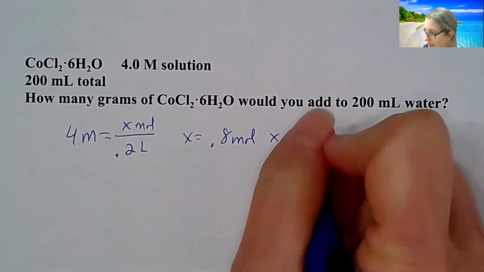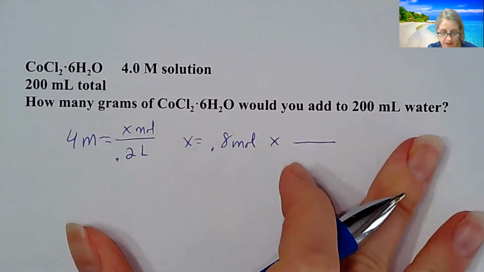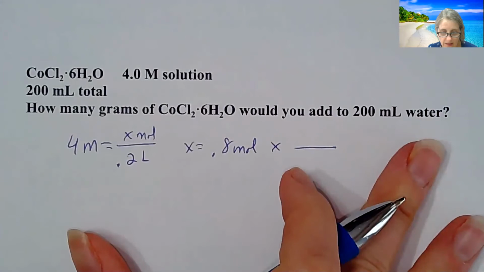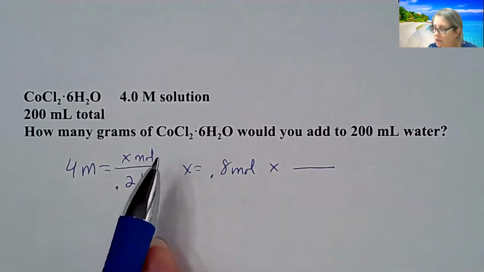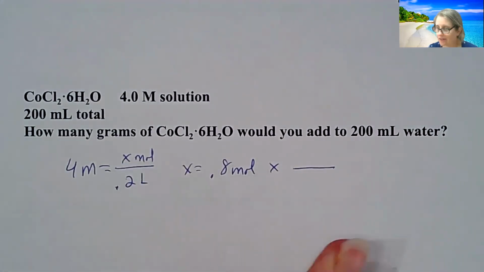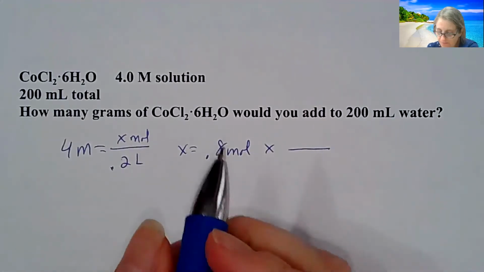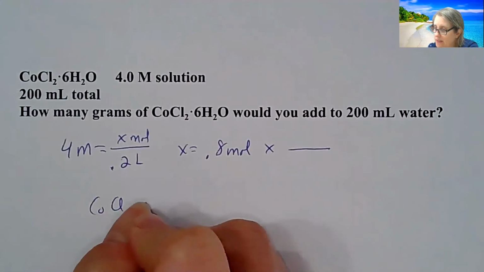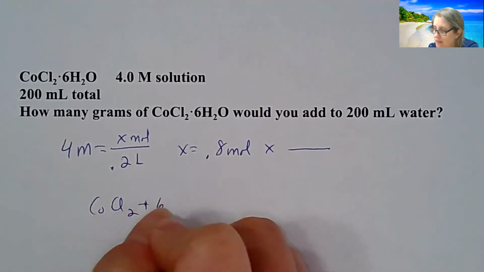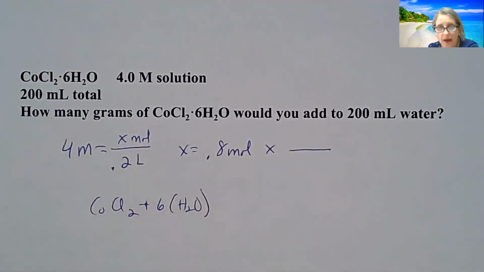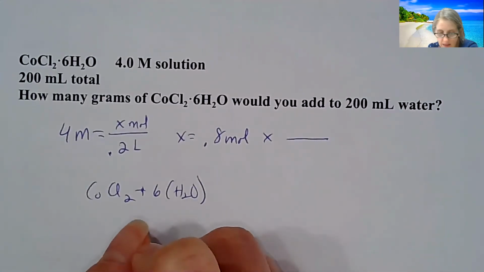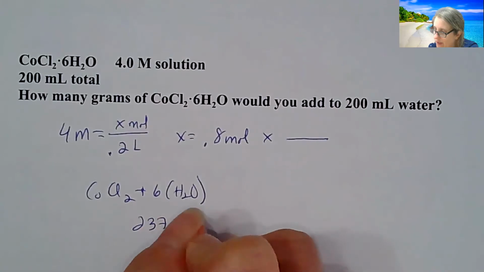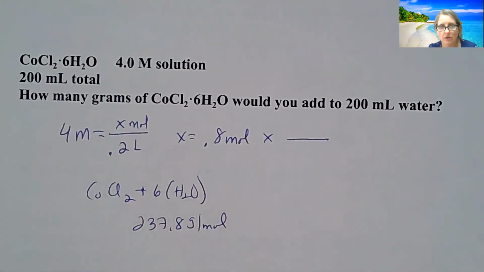So this, instead of a proportion, I'm just going to set up the following relationship. I need to find what we call the molar mass of the cobalt chloride hexahydrate. So again, I have to add up the cobalt with 2 chlorines, and then I have to essentially add 6 water molecules to that. So again, this comes out to be about 237.8 grams per mole, using your periodic table, okay?